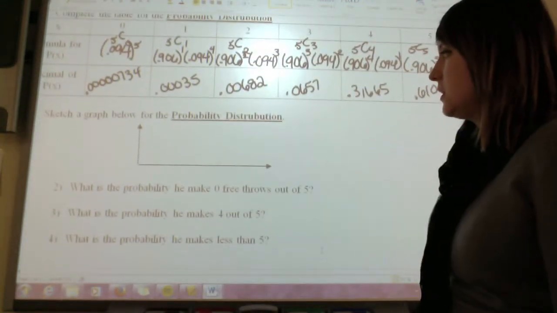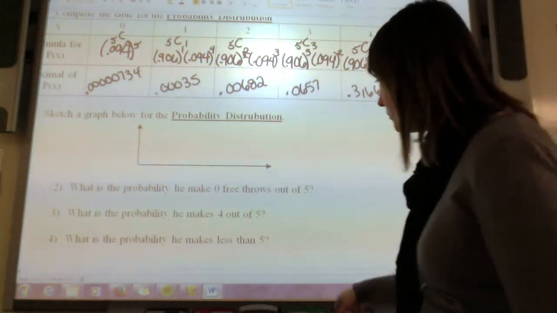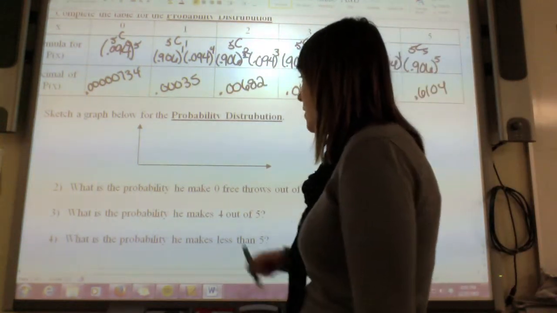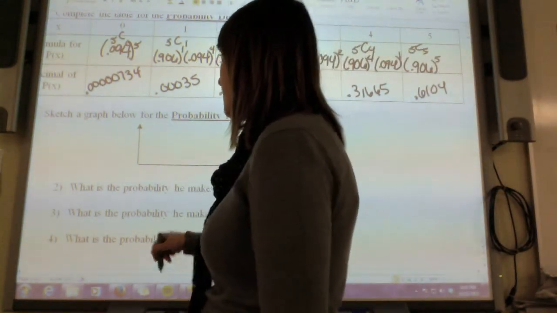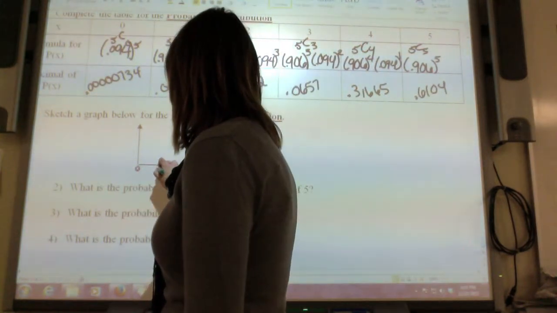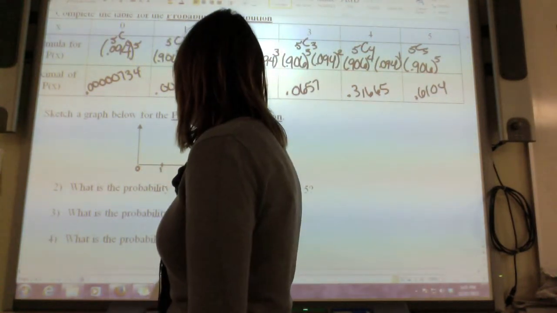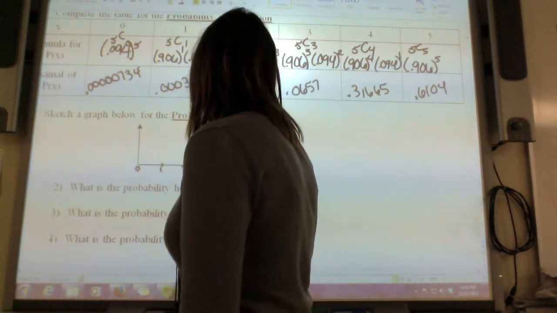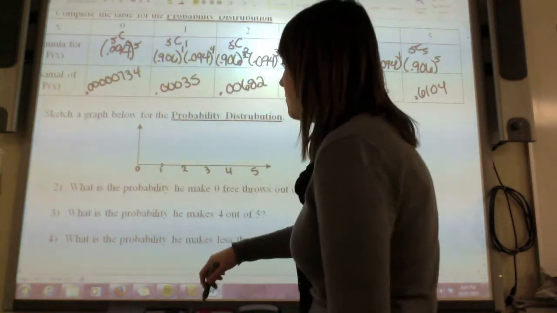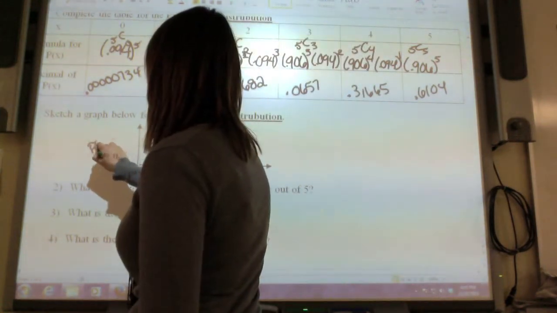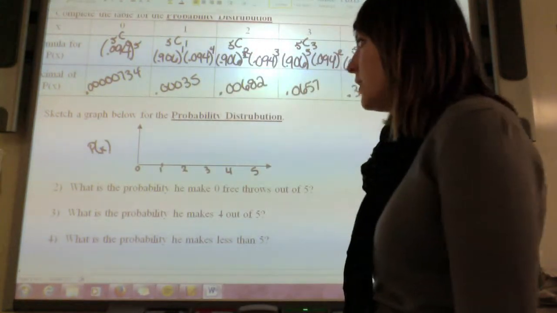Now we can actually just graph it. Remember that on your x-axis is going to be your random variable, so we'll start at 0 and do 1, 2, 3, 4, 5. On your y-axis is going to be your probabilities, your P of x values.